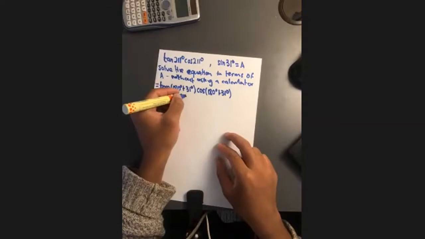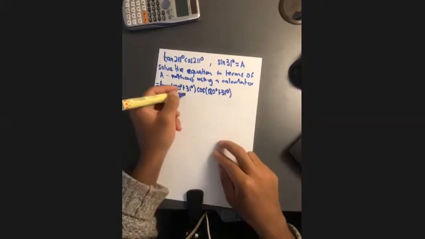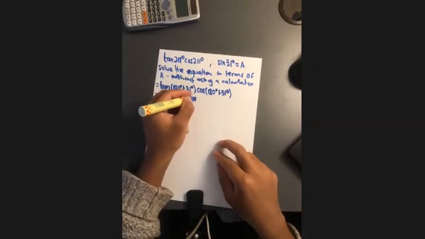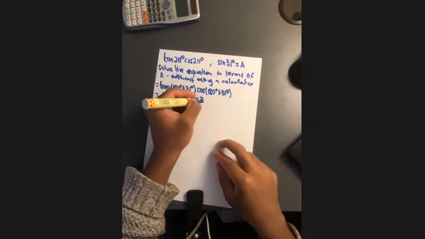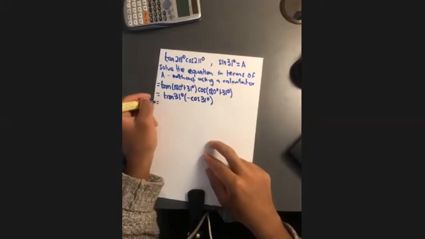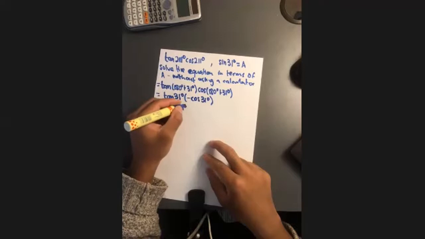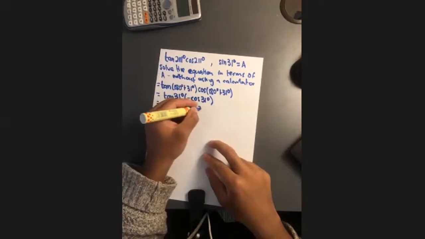And then times, we know that cos in the third quadrant is negative, so we're going to say that is just equal to minus the cosine of 31 degrees. Now we can further remove the brackets by saying it's just minus tan of 31 degrees times the cosine of 31 degrees.